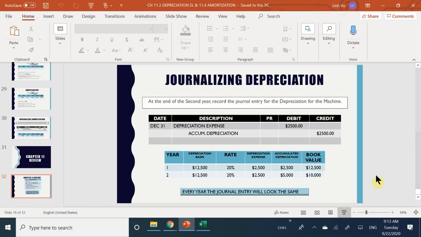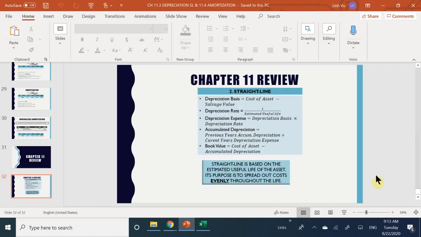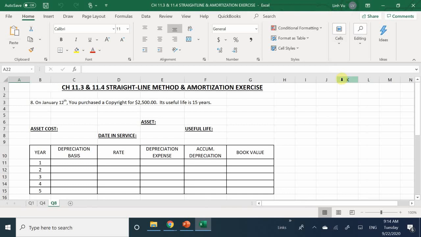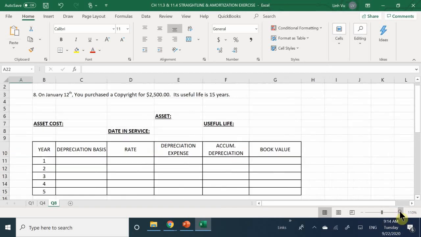So, like I said, as expected, straight line is the easiest. It's going to be the quickest one because, again, if you solve for one, the rest should come easily. So let's go ahead and do our first exercise here, and then, as I said earlier, we're more likely to end class very early.